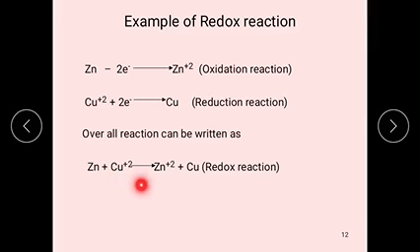When it converts into zinc plus 2, its oxidation number is plus 2. Here we observe the reaction increasing the oxidation number from 0 to plus 2, then it is an oxidation reaction. When we take copper plus 2 converting into copper, the copper plus 2 ion gains the 2 electrons from the zinc, and it converts into copper.